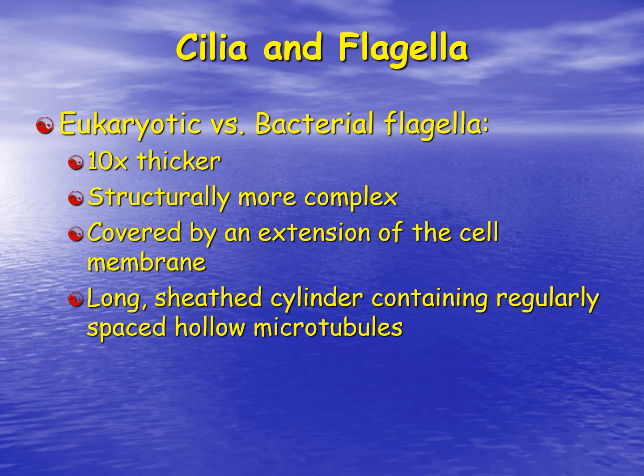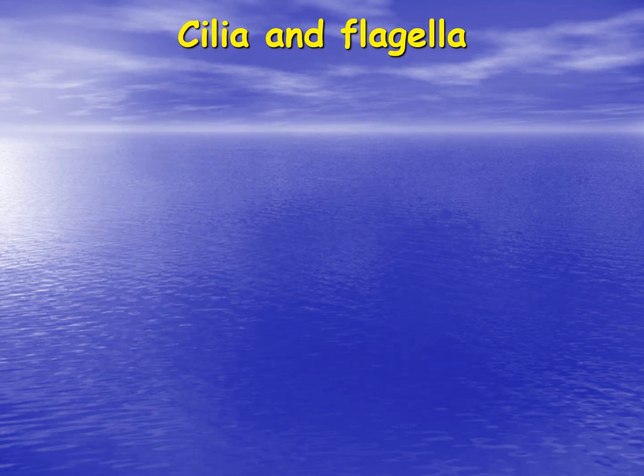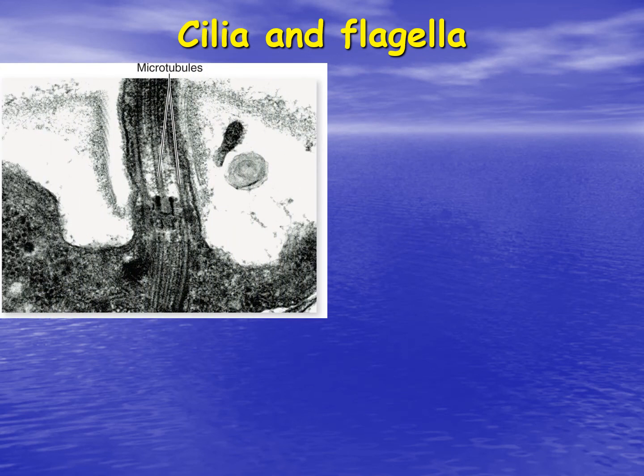And there are long sheathed cylinder proteins that contain regularly spaced hollow microtubules in what we call the 9-2 arrangement of the microtubules. And so this is what the base of the eukaryotic flagella actually looks like. It doesn't have the hook that we see in the prokaryotic flagella, so this does not spin. It actually undulates back and forth.